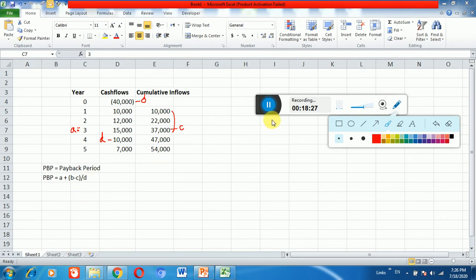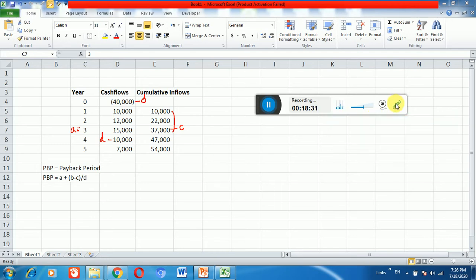Okay, so let me put it in the formula. I'm just computing the payback period. Here, equal sign, first we have A is equal to 3, right? And then plus the formula, then we have B, our 40,000.